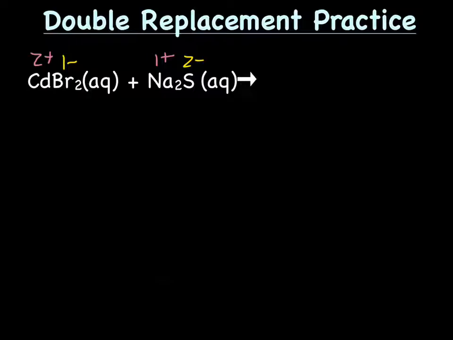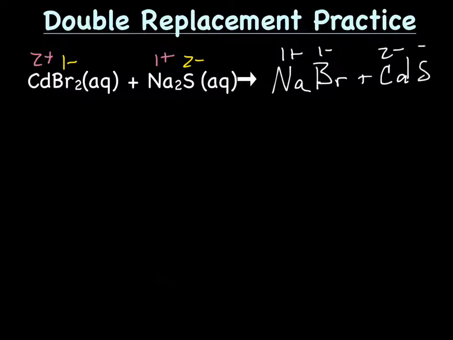In this particular example, we're going to have cadmium and sodium switch places. So we'll end up with sodium bonded with bromine and cadmium bonded with sulfide.